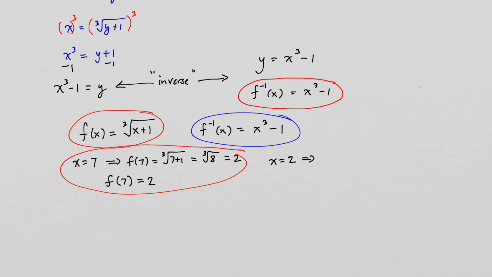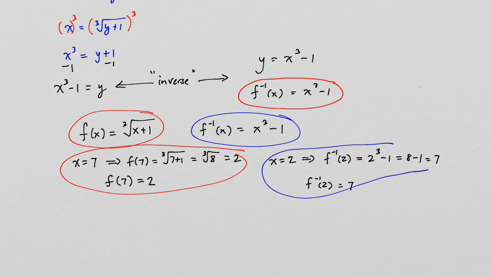What would x equal 2 give us? Well, the inverse function evaluated at 2 would just be plugging 2 into here. And that is 2 cubed minus 1, which is 8 minus 1, which is 7. And so we can see f inverse of 2 is equal to 7.